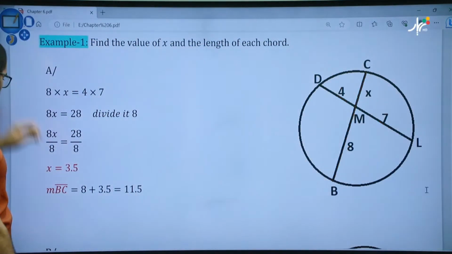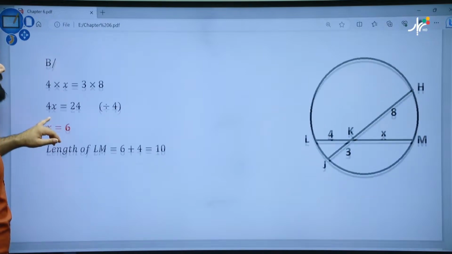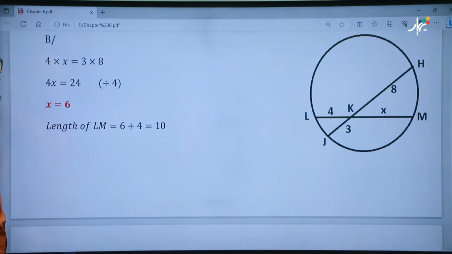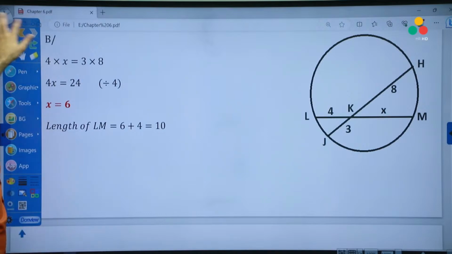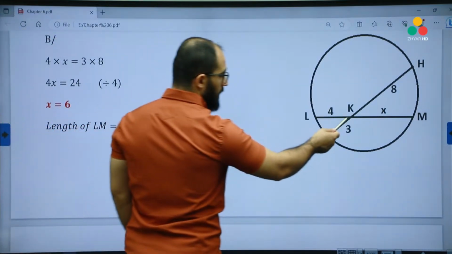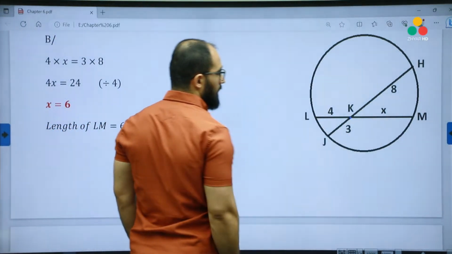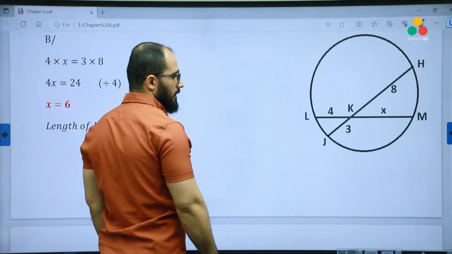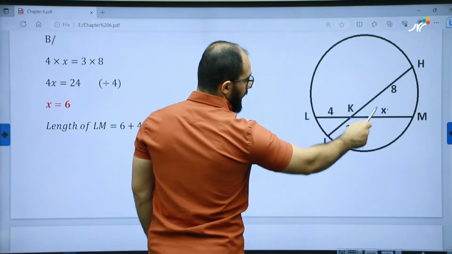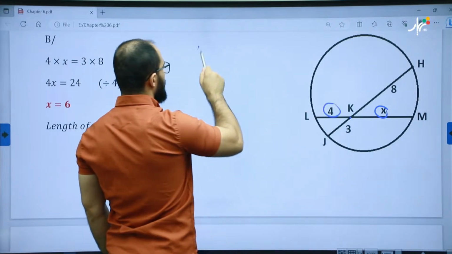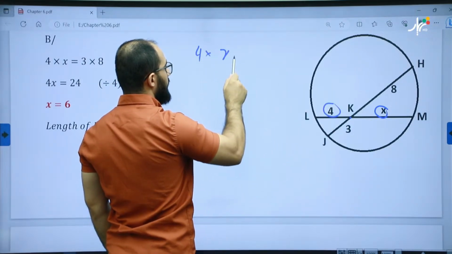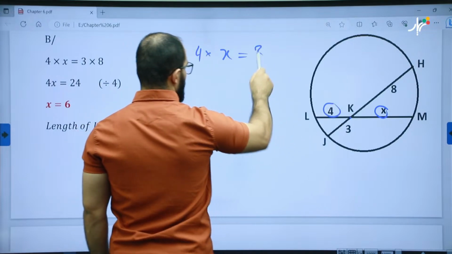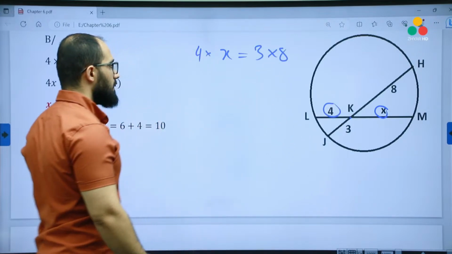This is the first question. Second question again, it says find the value of x and also the length of the chord. This is the x and it is interior because the secants intersect inside the circle. x times 4, or you can say 4 times x is equal 3 times 8.